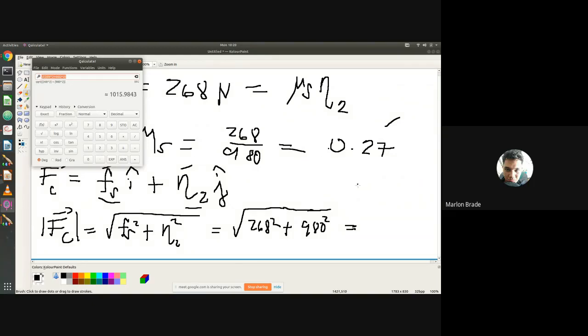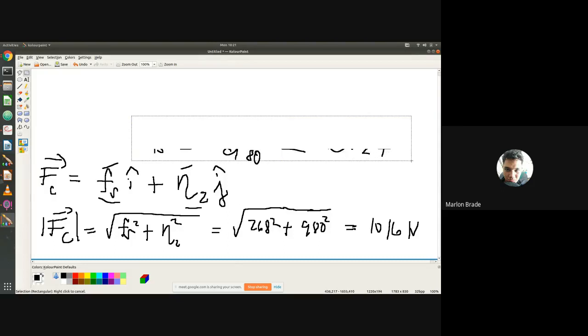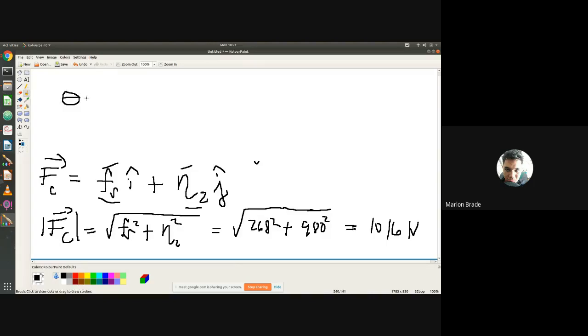This is about 1,016. What is the unit? Newton, sir. But what about the direction? Direction theta is equal to the tangent inverse of the y component N2 divided by the x component Fs.